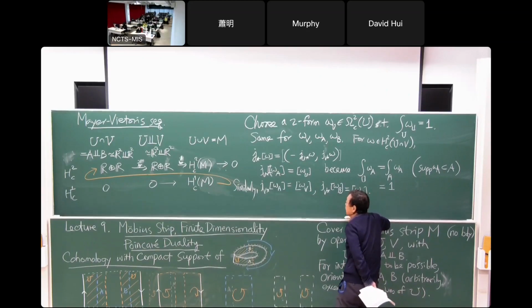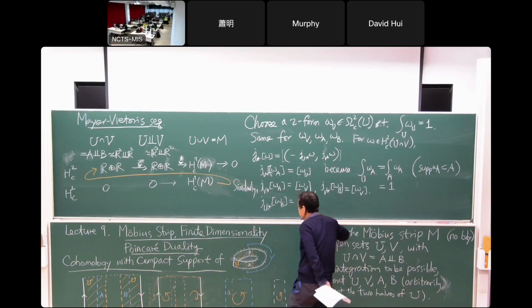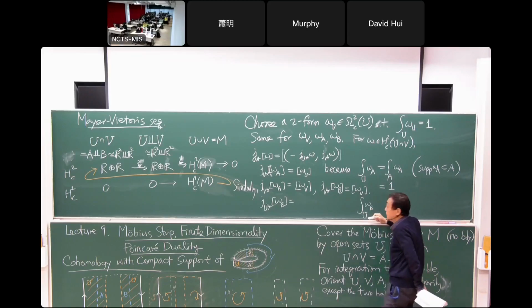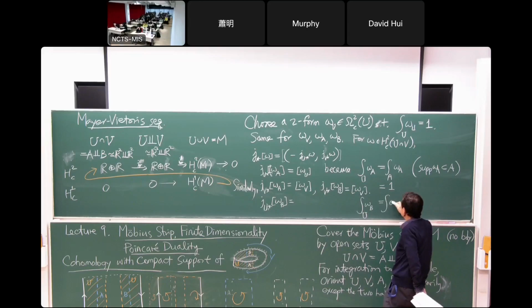All right, and then one last one is JU star of omega B. So you have to integrate omega B over U. Is this the same as omega B over B?